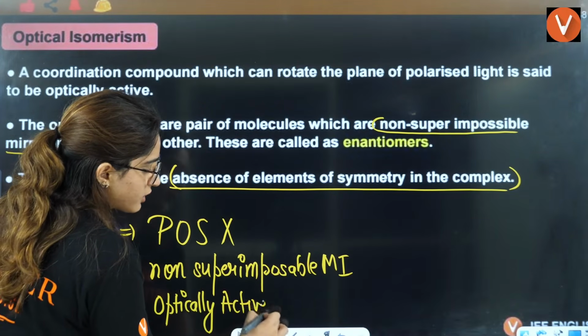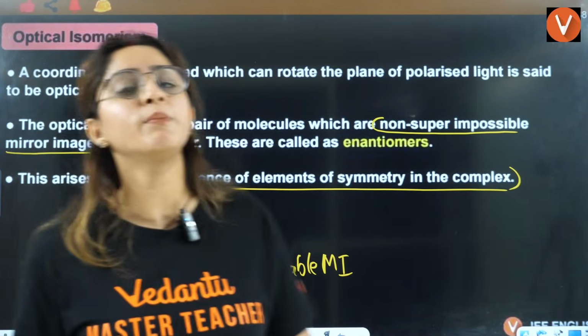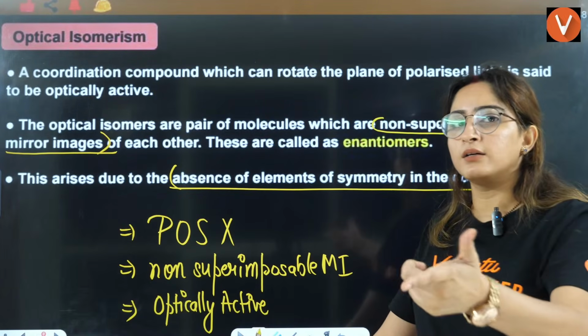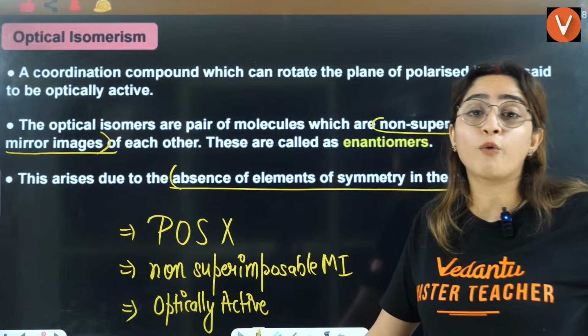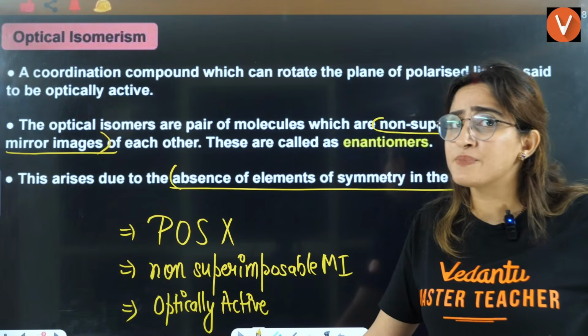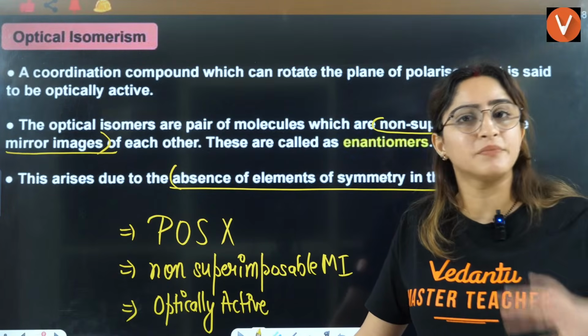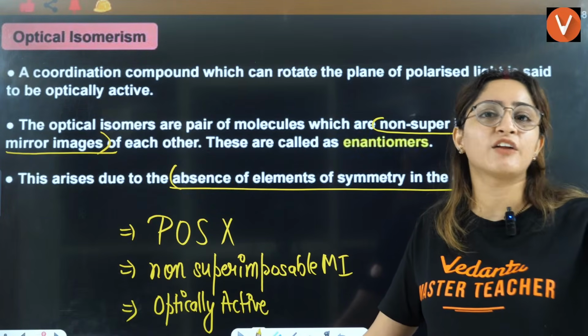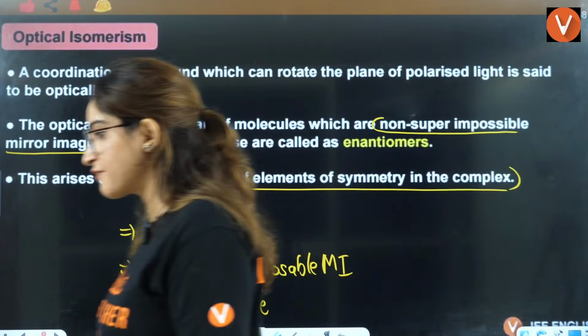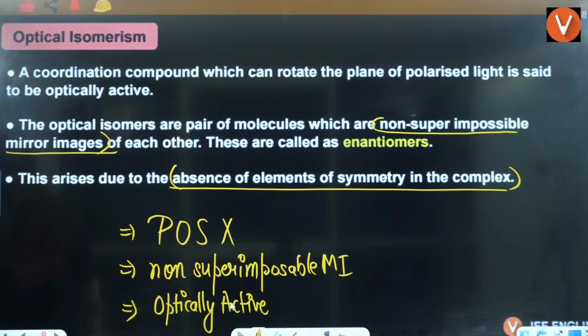So in all the compounds, we'll be trying to find out the plane of symmetry. If plane of symmetry is present, it will not be optically active. If POS is absent, it will be optically active. That's the only thing that we're going to do in the next 30 minutes. Yes, everybody? Got it?